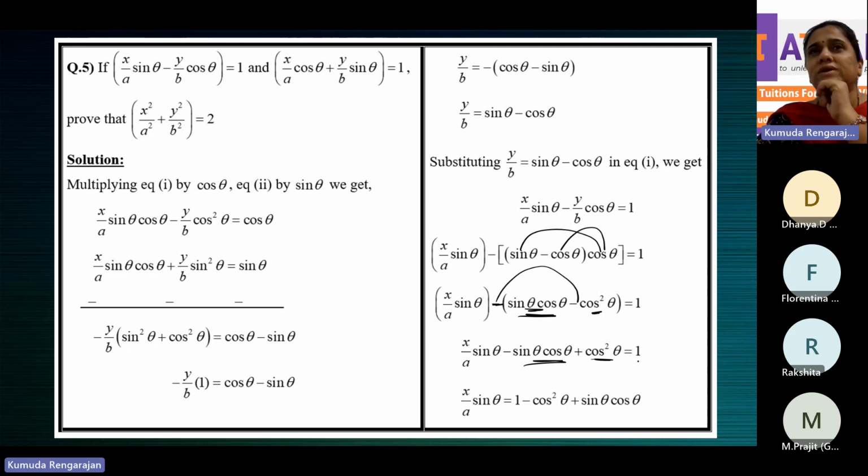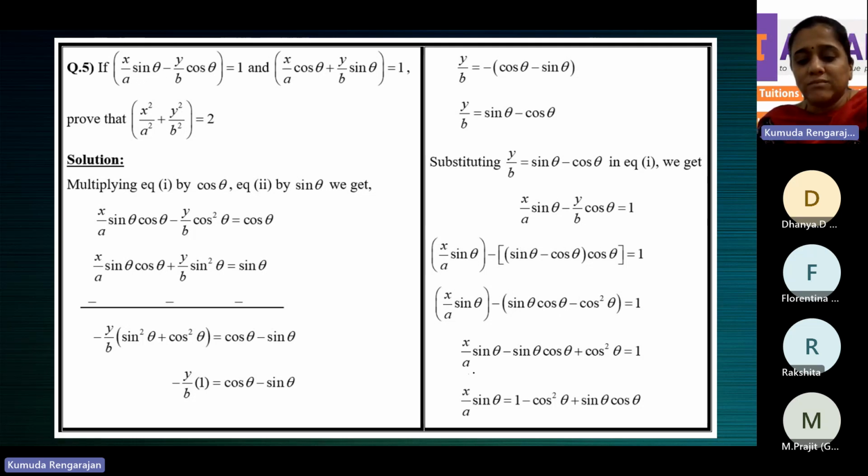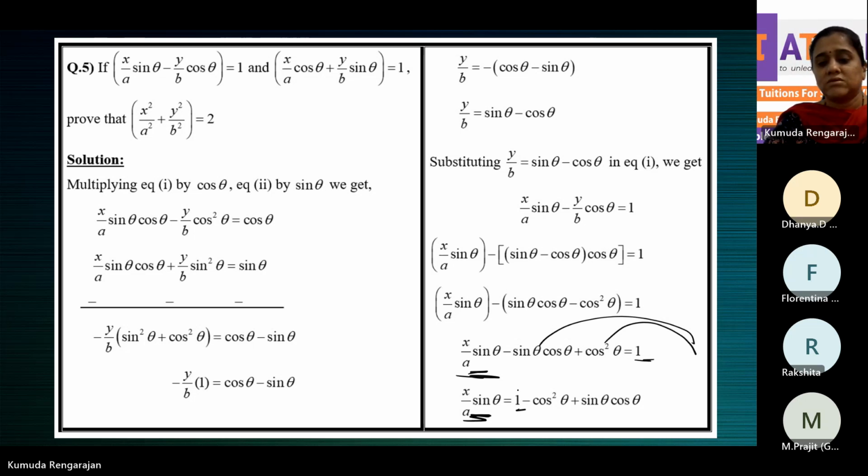So remember, we're trying to find the value of x by a. So I'm having only the x by a term on one side and taking all the other terms to the other side. So you can see here x by a sin theta is equal to this one already here. Then transpose this one and this one. You'll get 1 minus cos square theta plus sin theta cos theta.